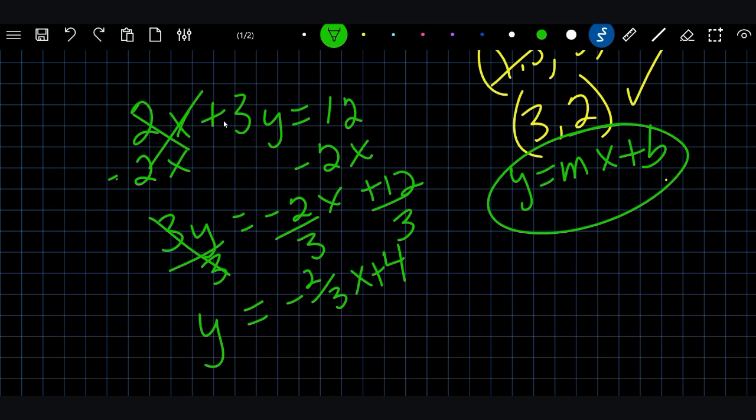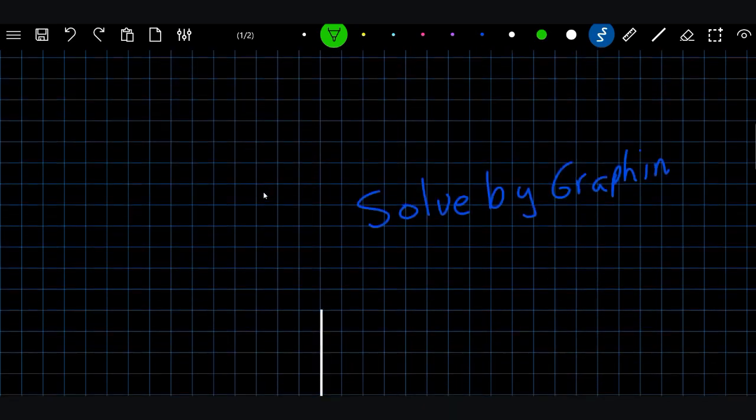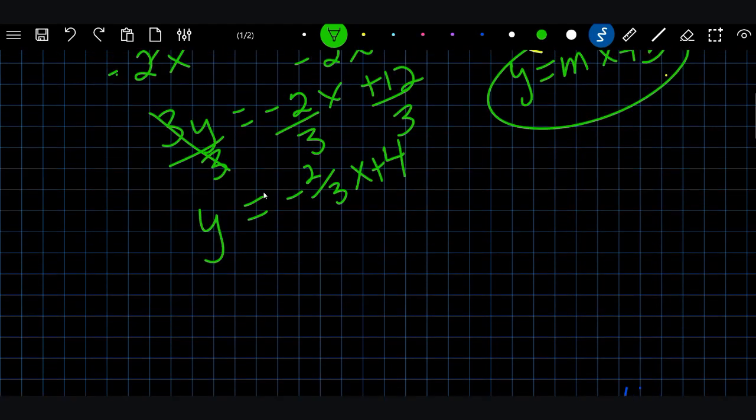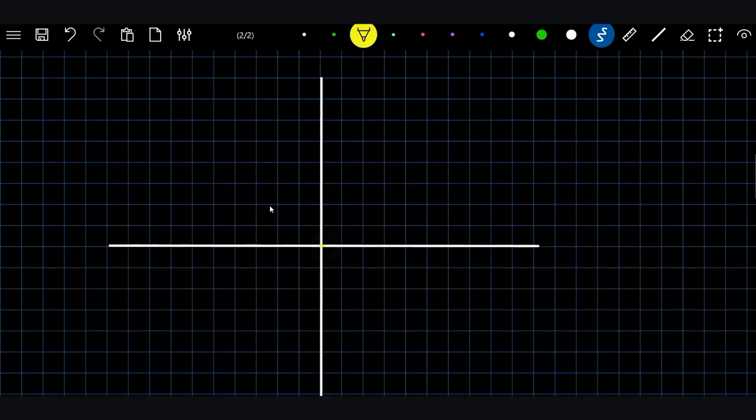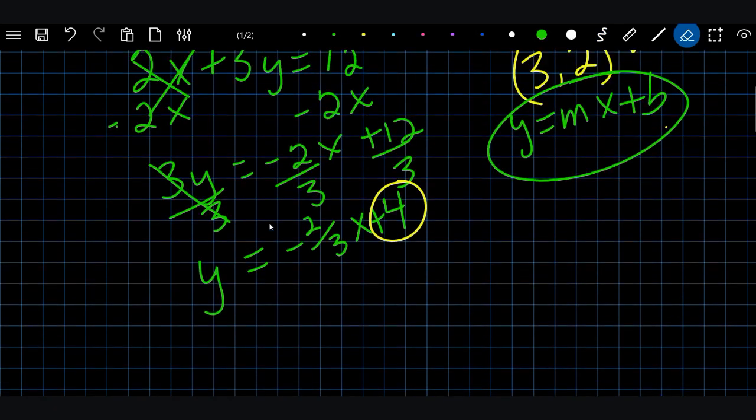Okay, that's our y-intercept. So now we can come down here to our graph, and we're going to graph this at 4 on the y. So 1, 2, 3, 4 on the y. And that's our intercept. Now, how do we graph the slope?